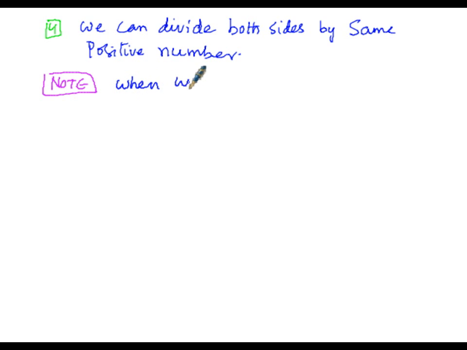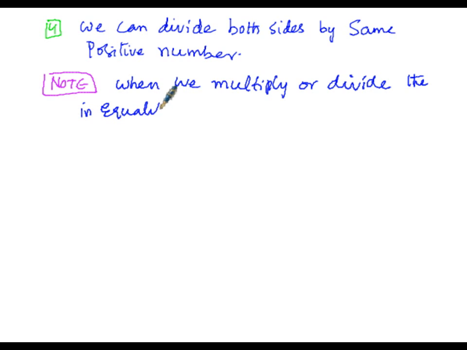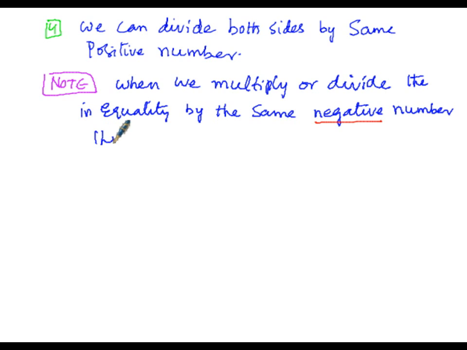When we multiply or divide the inequality by the same negative integer or the same negative number, then the inequation changes its direction.